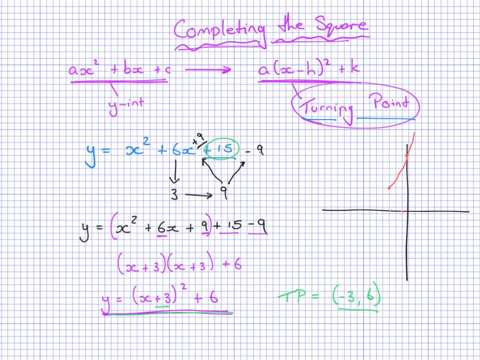I know that the quadratic goes up like this. I can see from that it doesn't cross the x-axis at all, which means that if I'd tried to factorize it, I would have had great difficulty because it's not possible. Remember, factorizing shows us the x-intercepts, and given that there are no x-intercepts, I wouldn't have been able to do it. So finding the turning point helped me sketch this where factorizing wouldn't have.